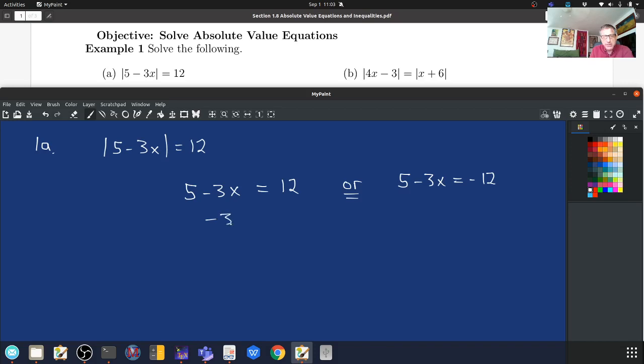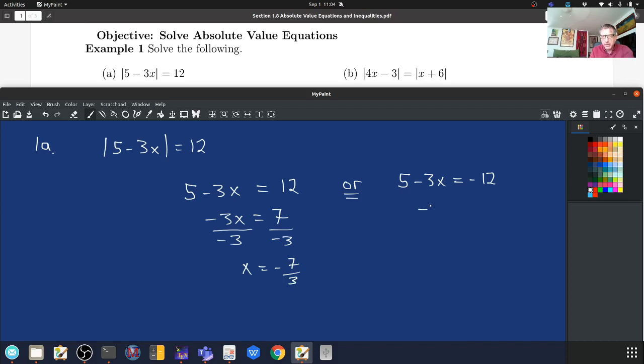So I have minus 3x is equal to 12 minus 5, because I moved the 5 over. So that gives me not minus 7, but 7. So I divide through by minus 3. And that gives me x is equal to minus 7/3.